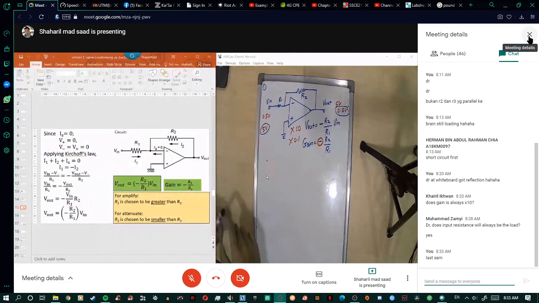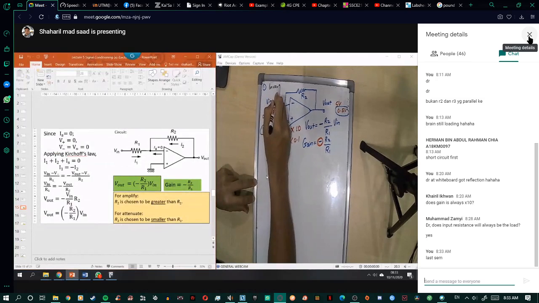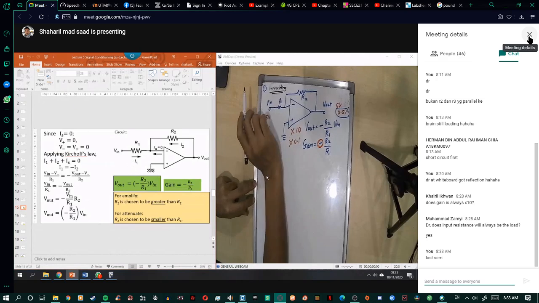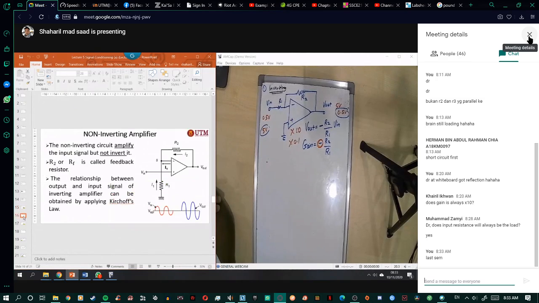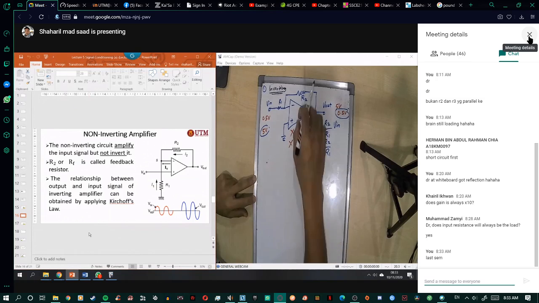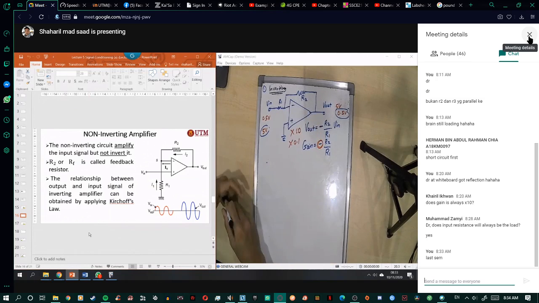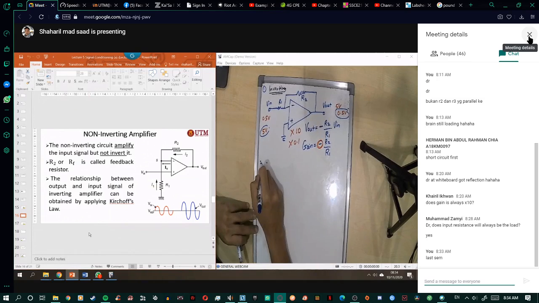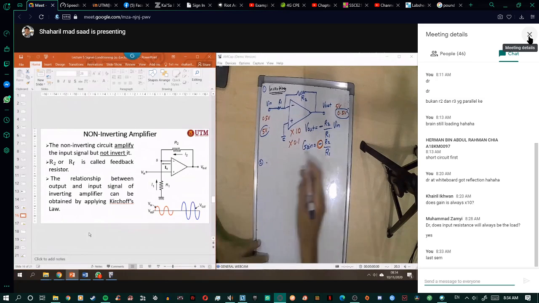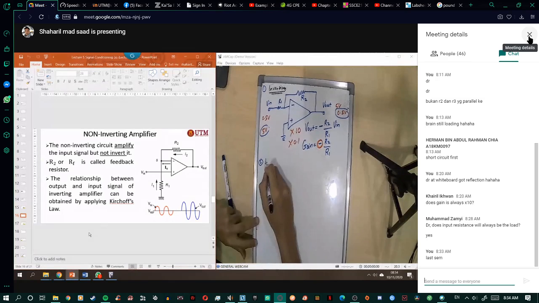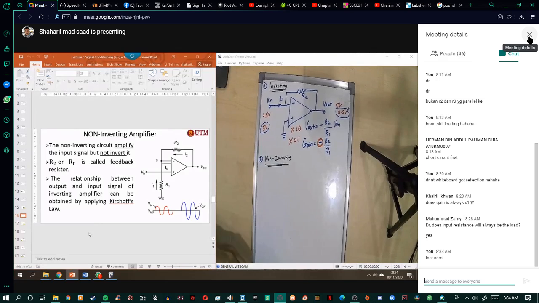This is for the inverting configuration. For the non-inverting amplifier, all the other configurations are derived from the inverting one. Let's say we want to draw the non-inverting circuit. First of all, you just draw the inverting circuit first.